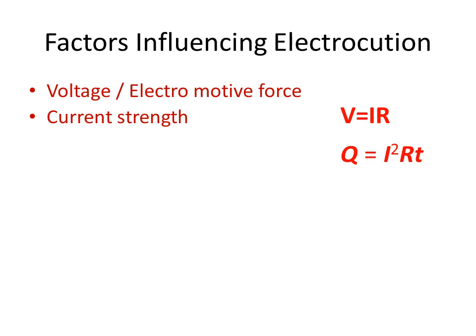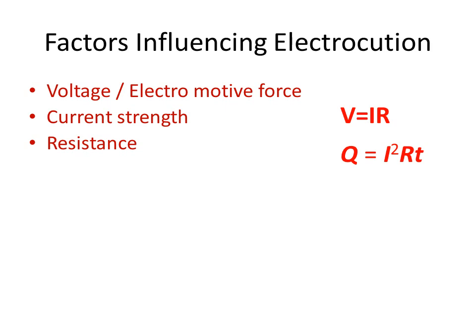That means if we increase this I twice, the heat generation will be near about 4 times. Naturally, if we can enumerate all the factors and ask you a question, which is the most important factor influencing electrocution, your answer definitely will be I, because it is squared.